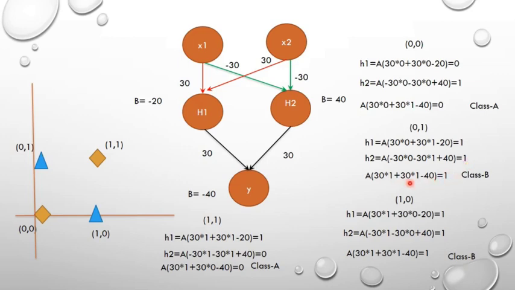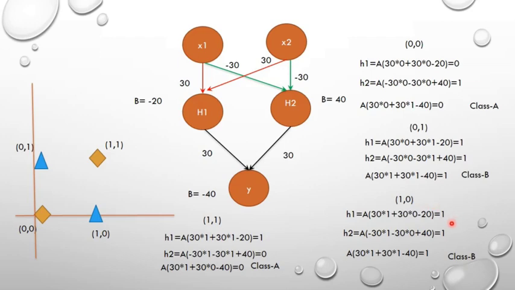Again substituting 1, 1 of h1 and h2 in the final output neuron, we are getting the answer as 1, which means this coordinate 0 and 1 is being classified into class 1. So let us say 1 belongs to some class B, or class B belongs to the class of triangles.